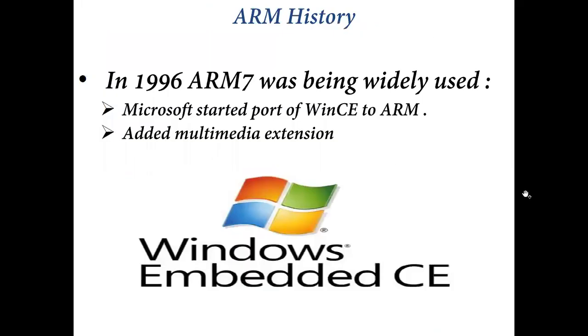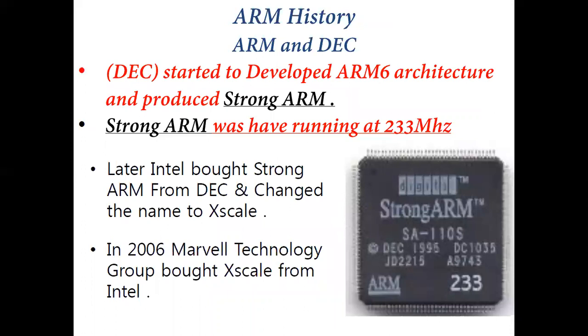Then in 1996, the ARM 7 was widely used by Microsoft Windows; they started using the ARM 7. Next, if you see, this is StrongARM, an architecture running at 233 megahertz. It is a company which produced an ARM processor working at 233 megahertz.